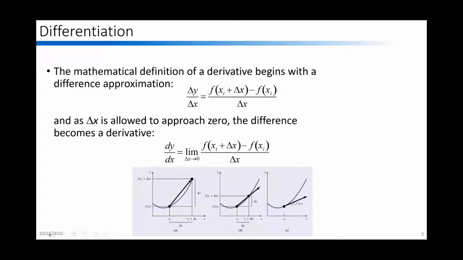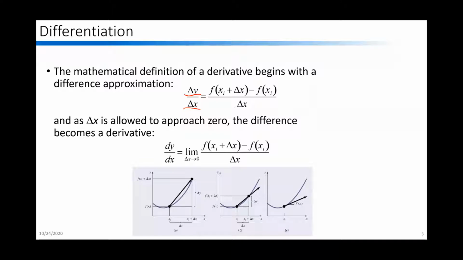So let's first go back and remind ourselves what the definition of a derivative is. If you remember all the way back to your first calculus lesson, you were told that what we do is we take a change in y divided by a change in x.